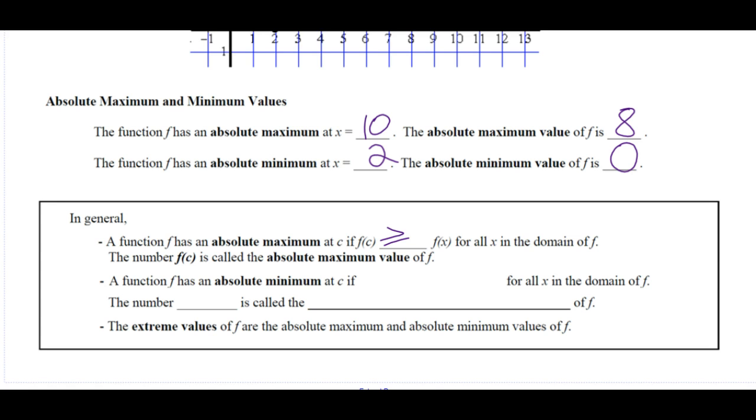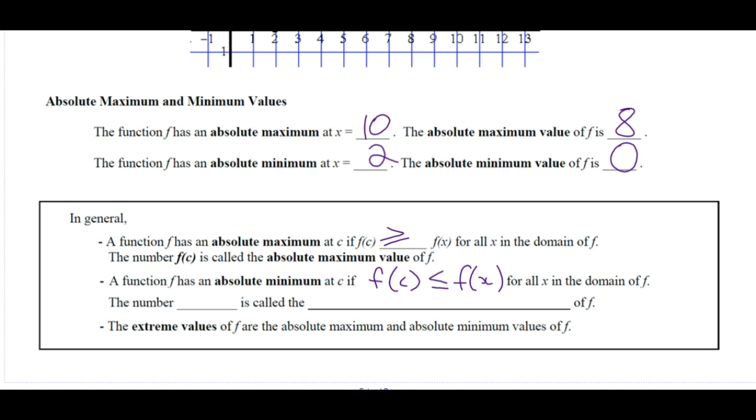Sometimes they use global. A function f has an absolute minimum at c if, and then there's a blank there. So if what? We're just going to copy this. F of c is less than or equal to f of x for all x in the domain of f.